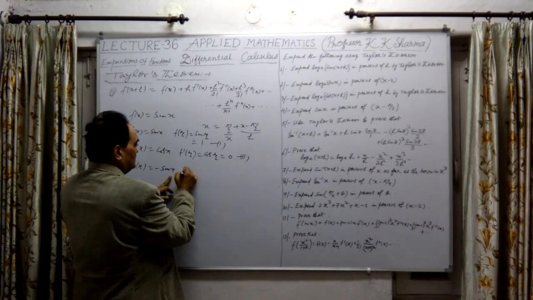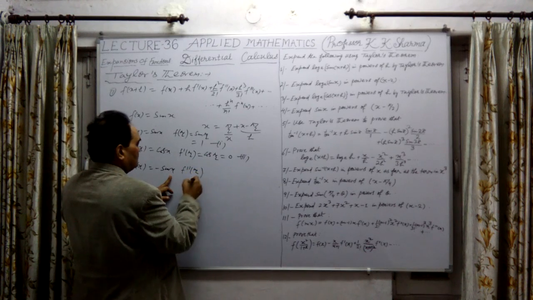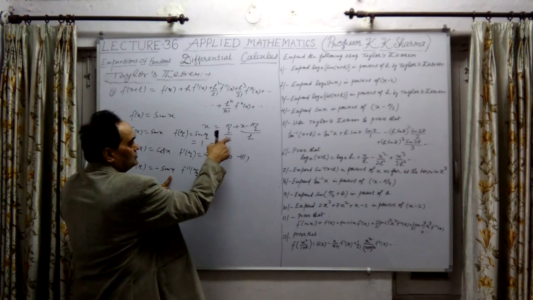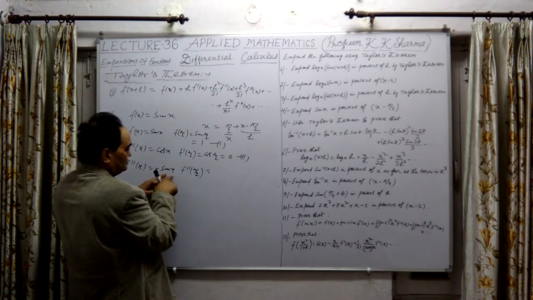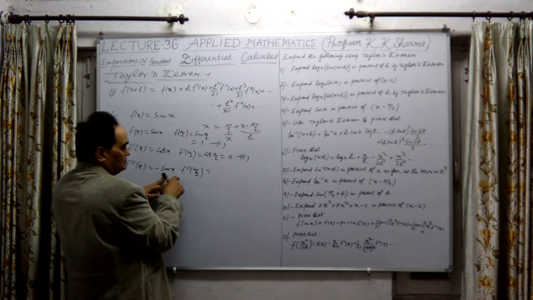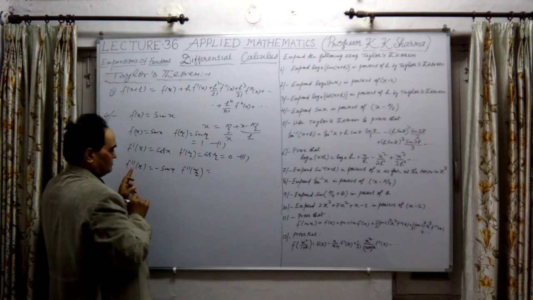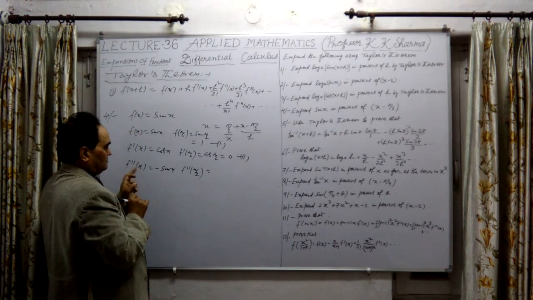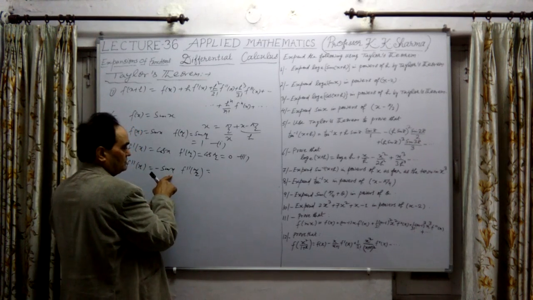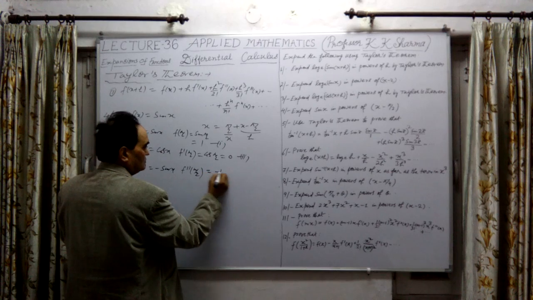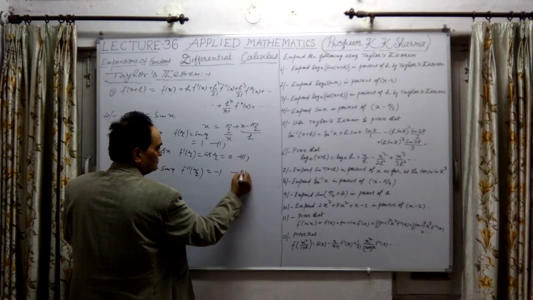Then f double dash of pi by 2: if I substitute pi by 2 in place of x, I get minus sin pi by 2, that means minus 1. This is the third equation.